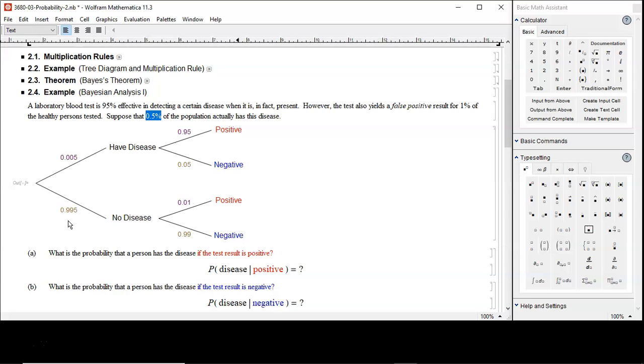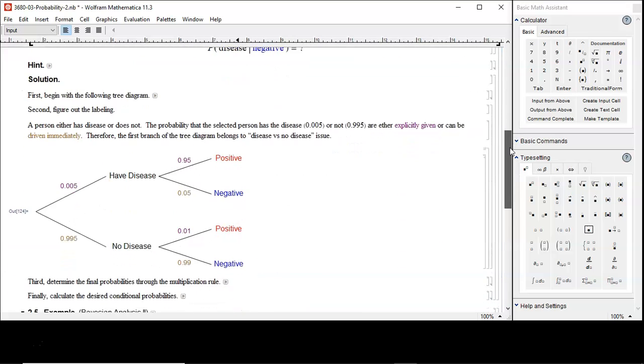And therefore, 99.5% there. And this 95% goes over here, and therefore, 5% down here as a complement probability. And 1% of false positive over here, alright, so the other 99% correctly negative. Does everything make sense? Now everything is here.